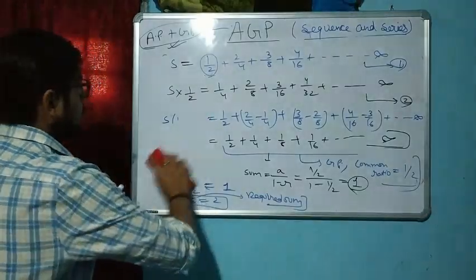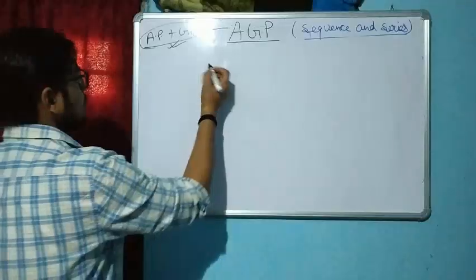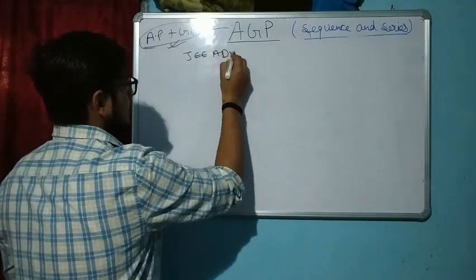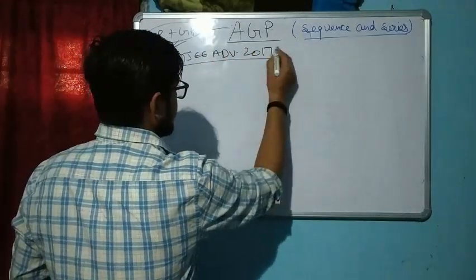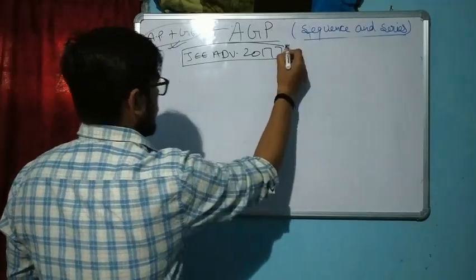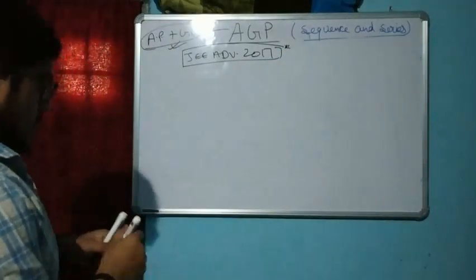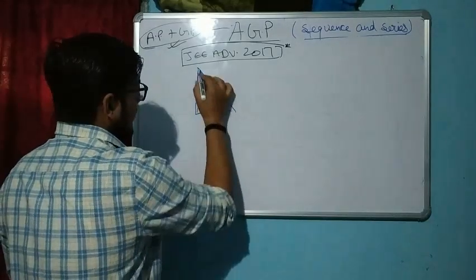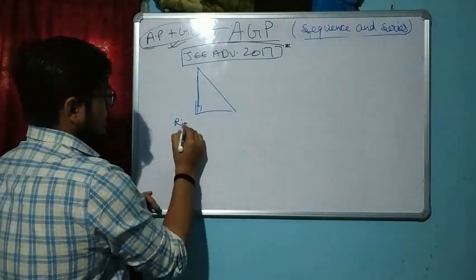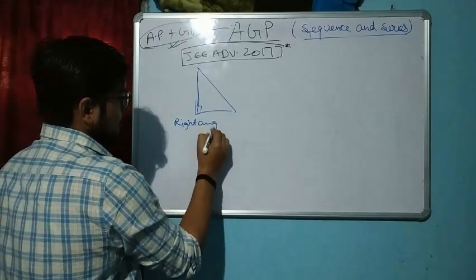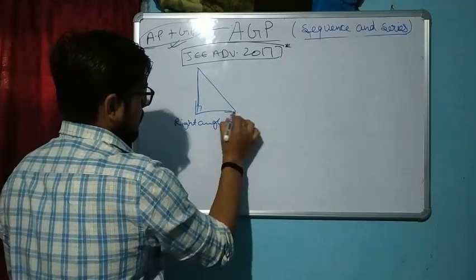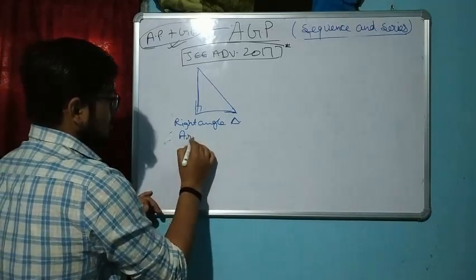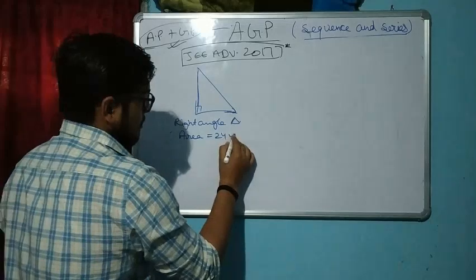Now let's move on to our next question, which is related to arithmetic progression, a question that came in JEE Advanced 2017. It says that we have a right angle triangle having area equal to 24 units.